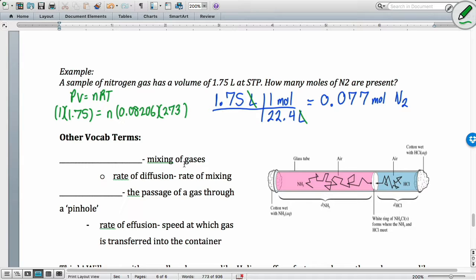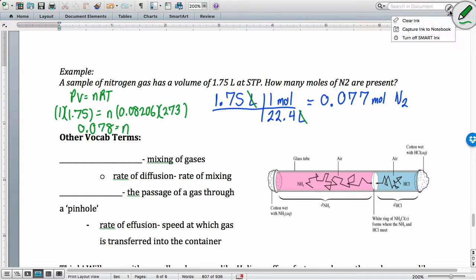When you solve for n, 1.75 divided by 0.08206 times 273, what do ya know? I get 0.078. Little off, probably just a rounding error, but you guys get the idea. This is a shortcut. You can use it anytime a gas is at STP.